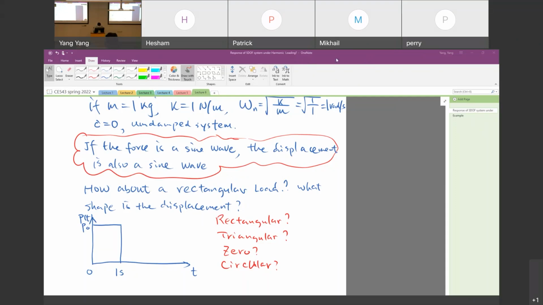Online students, please make your suggestions through the chat window. What will be the shape of the displacement, or anything else?